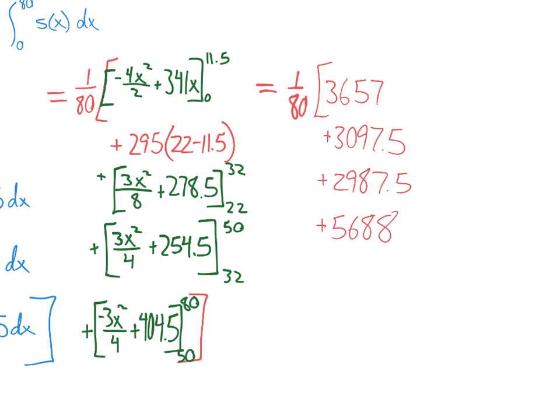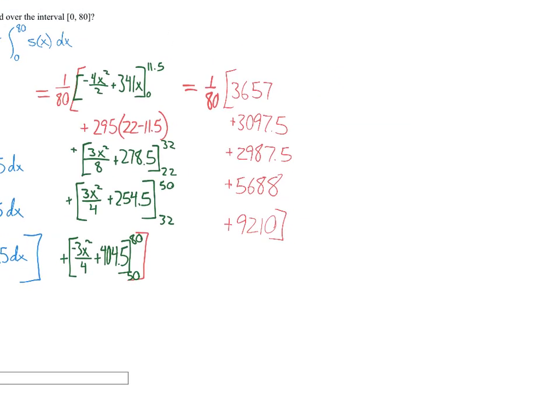And the last part? 9,210. Okay. So when we add all those up, we have 3657 plus 3097.5 plus 2987.5 plus 5688 plus 9210. We get 24,640. And we have to do 1/80th times that.